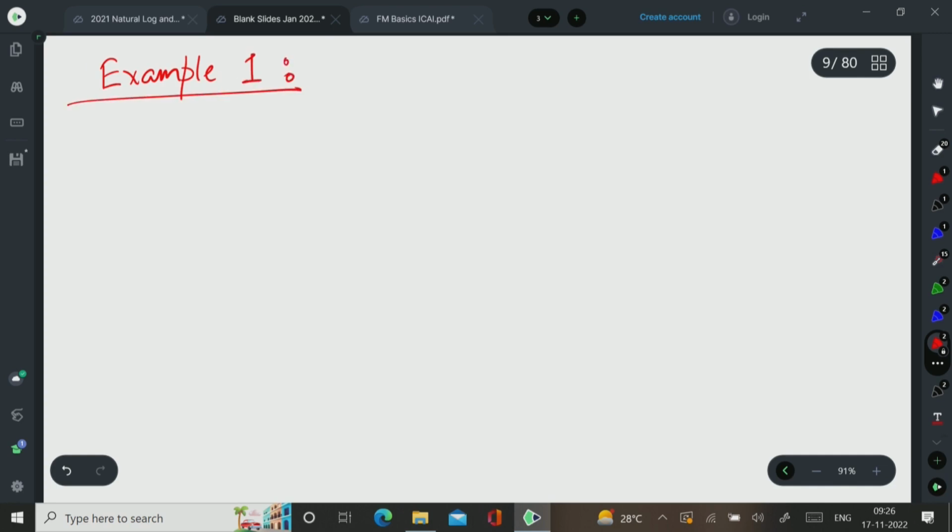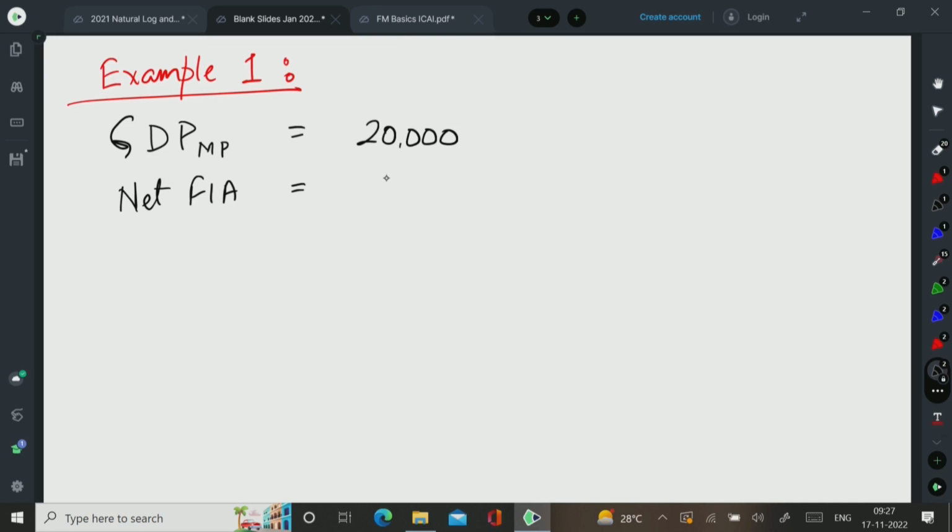In this example 1, I give you GDP MP, and suppose this is given as 20,000. Then I inform you net FIA, and that is suppose 2000.